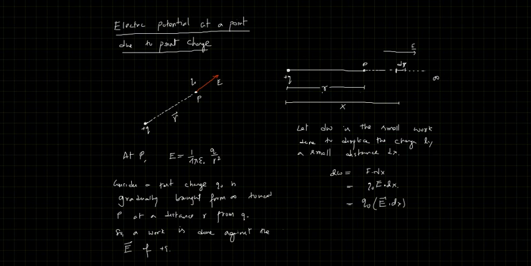But look closely, the electric field is radially outward and you are going inward, so this must be negative, right? So this one should be minus Q naught E dx.